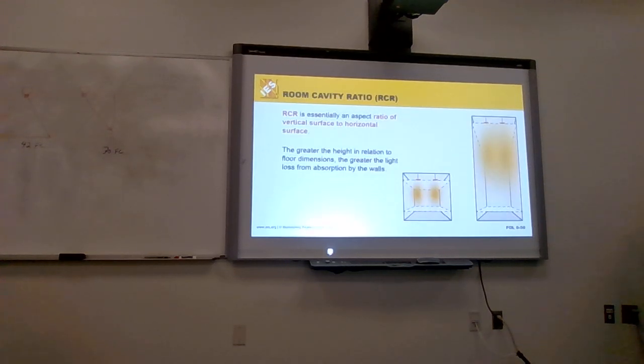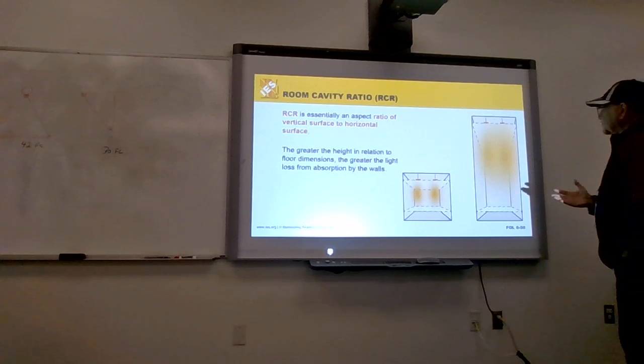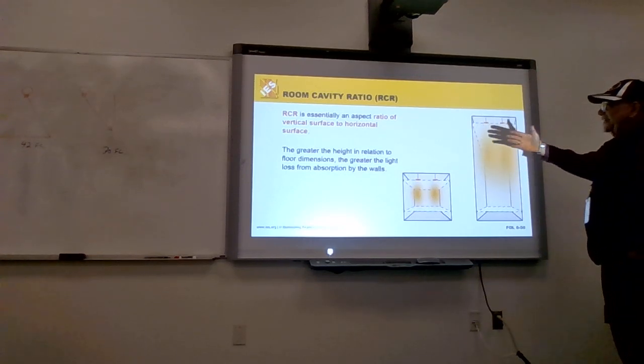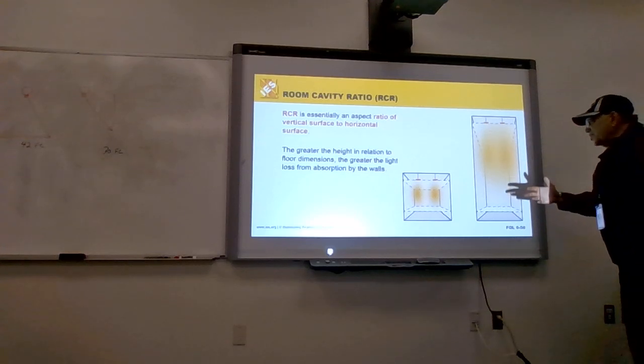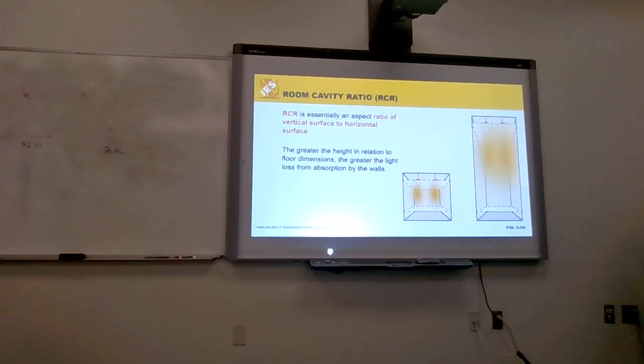The room cavity ratio is essentially an aspect ratio of the vertical surface to the horizontal surface. The greater the height in relation to the floor dimensions, the greater the light loss from absorption of the walls. Height matters in this case.